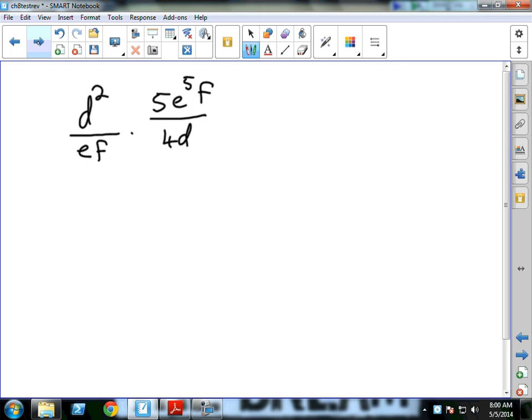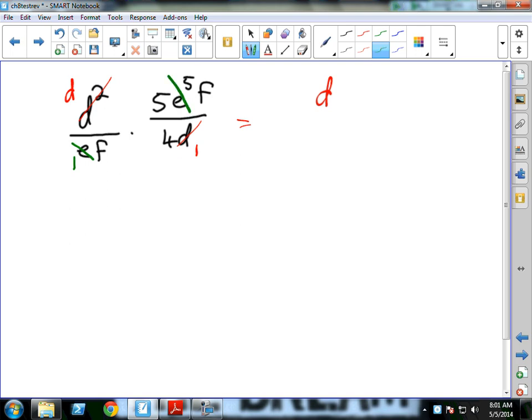Oh, we got some stuff that's going to probably cross-cancel here. Let's see. D squared and D are going to cross-cancel. The D in the denominator becomes just a 1. And the D squared in the numerator is going to become just a D to the first power. So when I write up my final answer here, I'm going to have a D to the first power. Similarly, the E in the denominator is going to go completely away and turn into a 1.